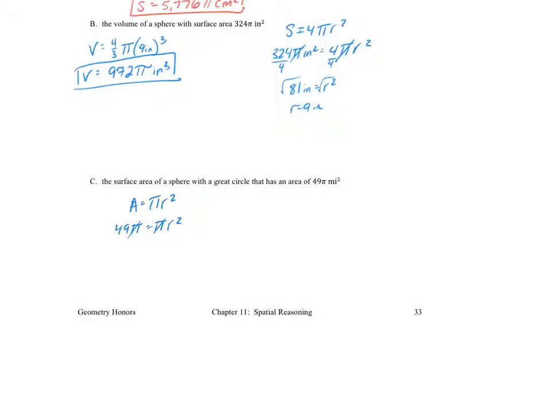The pi's cancel, square root both sides, and we get that r is equal to 7. And then to find the surface area, that's going to equal 4 pi r squared, so 4 pi times 7 squared is 49, and so the surface area is equal to 196 pi miles squared.